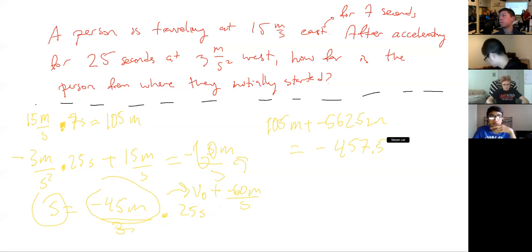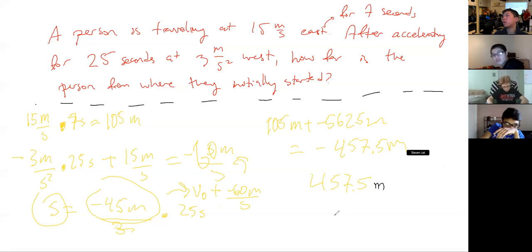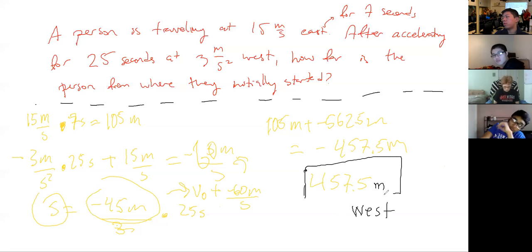Because it's asking just for the magnitude, just for the distance, it would just be positive 457.5 meters. Since it's negative, it would be helpful to write west, but that's not something you have to worry about. So 457.5. Any questions?